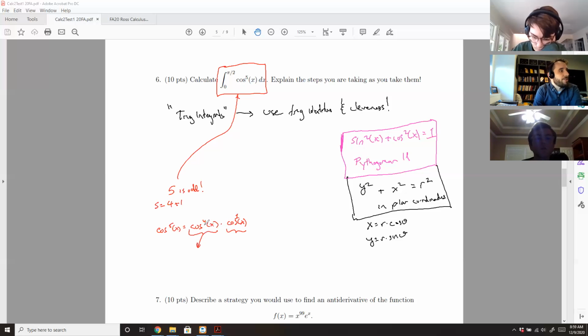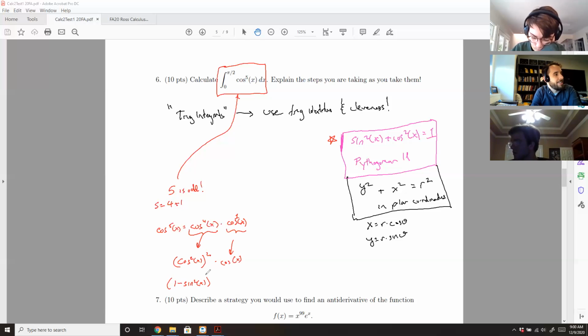while the other expression being even, we could rewrite this. So cosine to the 4th became cosine squared, and the cosine squared, we could use our Pythagorean identity to rewrite that as 1 minus sine squared.